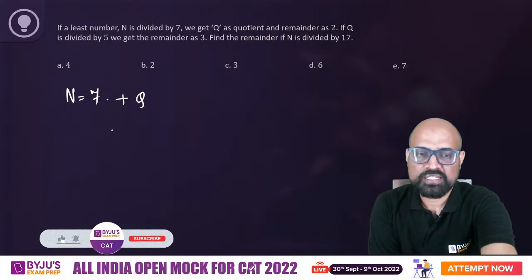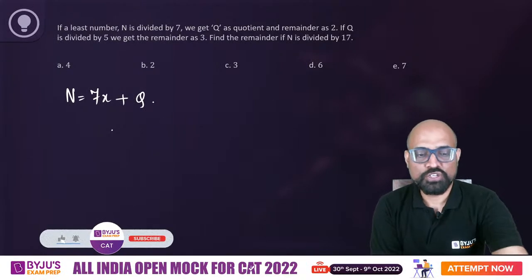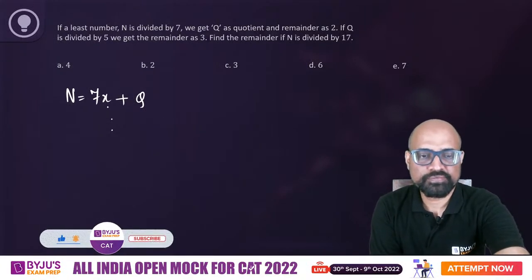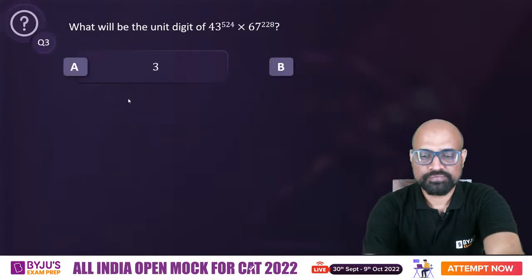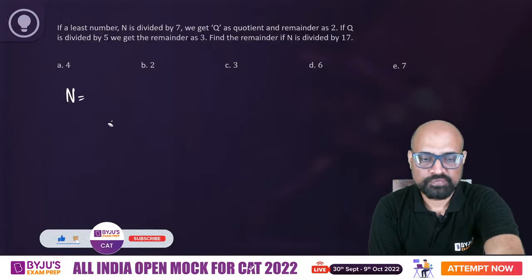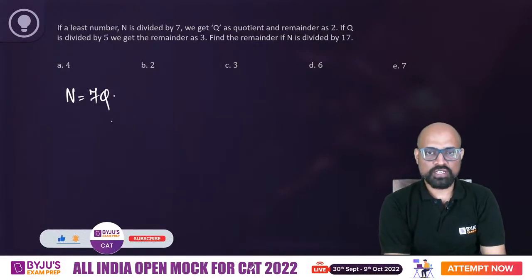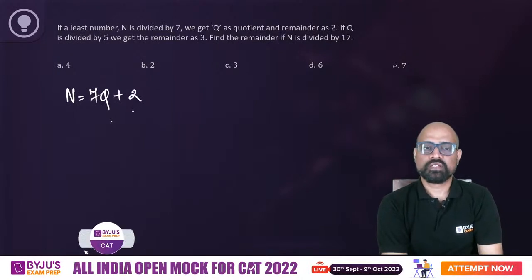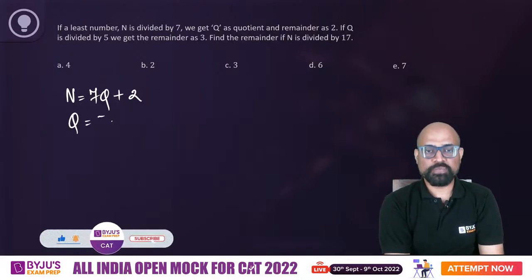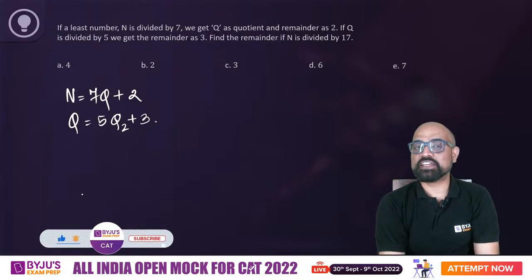Let's say the variable is x. अच्छा, q as quotient बोला हुआ है ना? q as quotient and remainder is 2. Next, if q is divided by 5, let's say this is q2, we get the remainder as 3. Now we have to find if n is divided by 17, then what do we get?